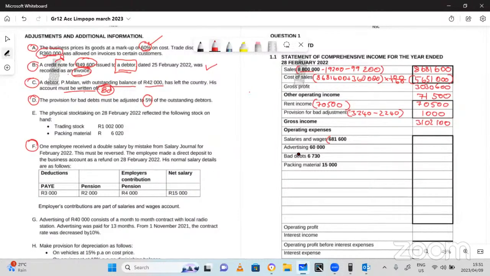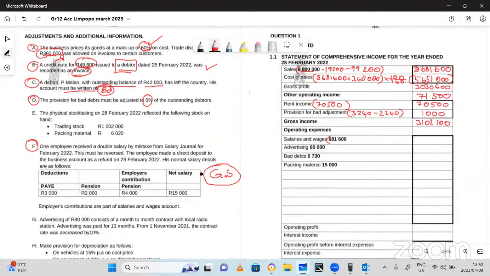Remember, when we record salaries, we record the gross salary, not the net salary, because the gross salary is the amount that the business is liable to pay this employee.